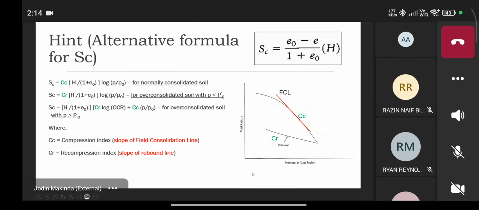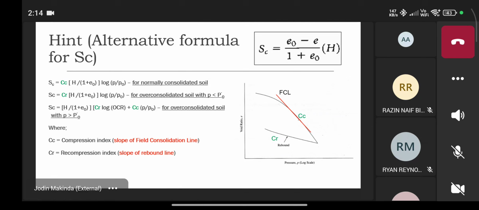Similarly, if you look into the rebound line here, you can see that the slope of the rebound line is equivalent to the recompression index or CR.